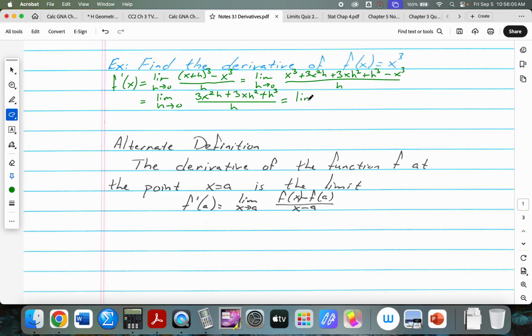So that'll be the limit as h goes to 0 of 3x squared plus 3xh plus h squared. And then as h goes to 0, the second two terms will drop out, leaving me with 3x squared. So the derivative of x cubed is 3x squared.